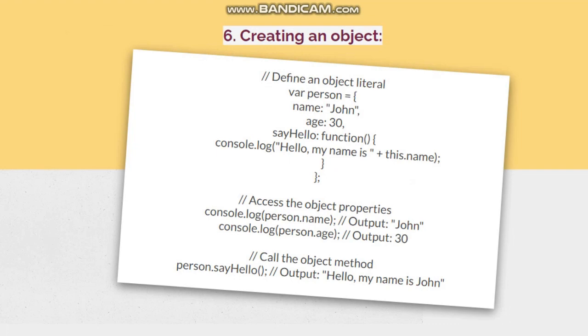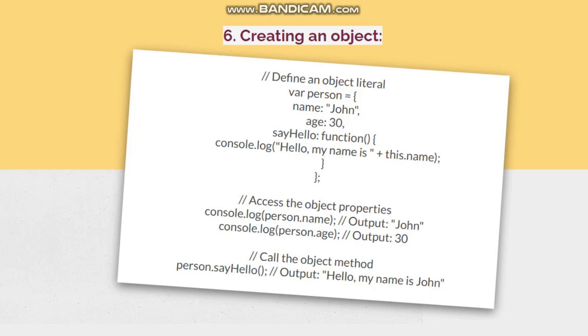Define an object literal. var person = { name: "John", age: 30, sayHello: function() { console.log("Hello, my name is " + this.name); } }; Access the object properties. console.log(person.name); output: John. console.log(person.age); output: 30.